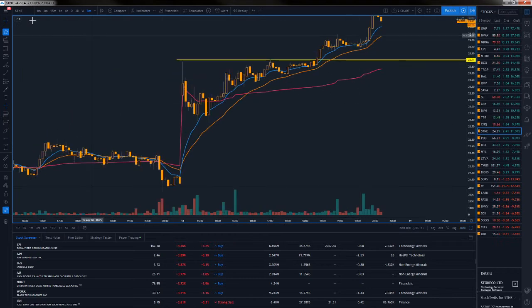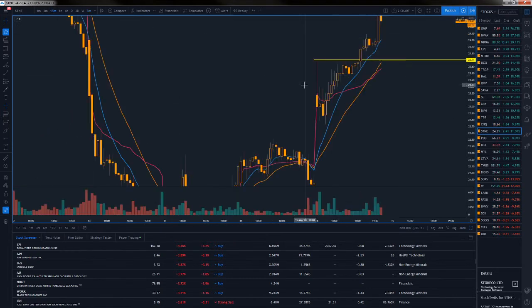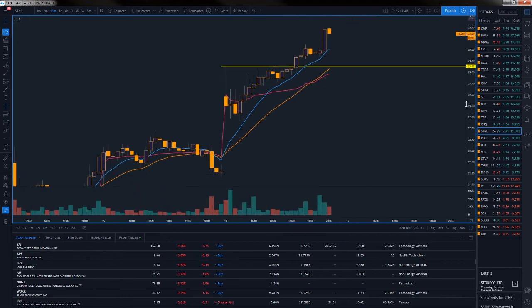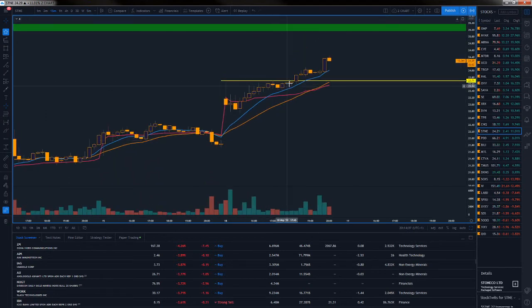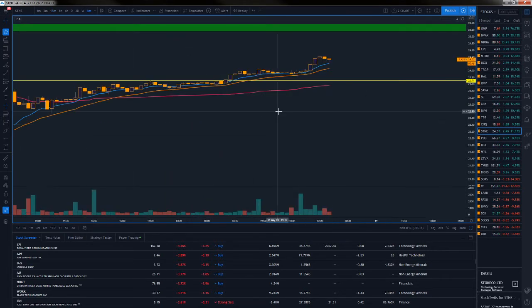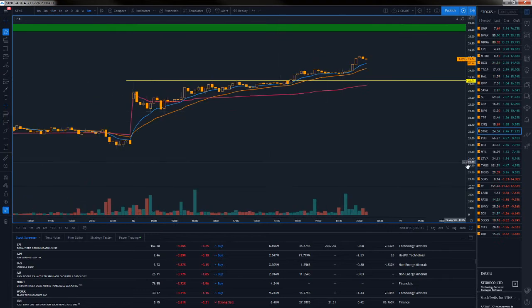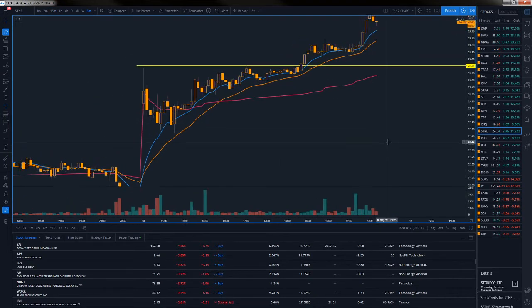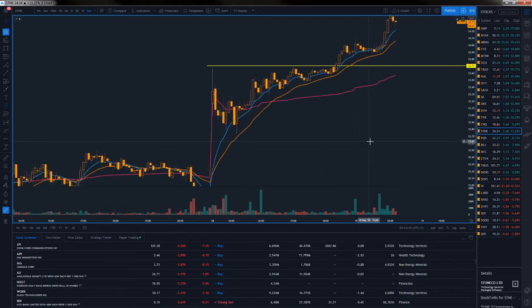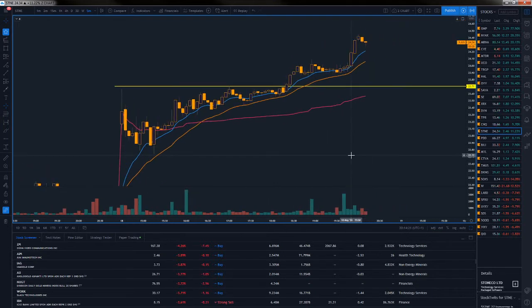You see this grind higher, nice consolidation here on the 15-minute chart as well. Nice little pullback, just going sideways. The 90 EMA catches up and just gives it that push through. It's a perfect trade. Low risk, high reward.